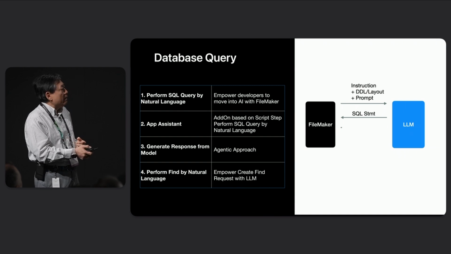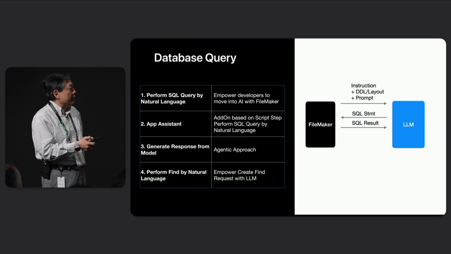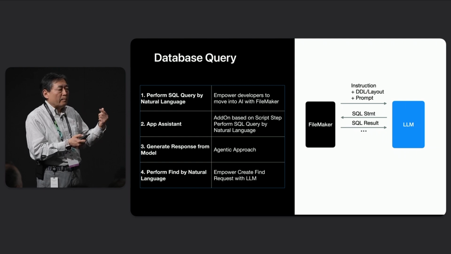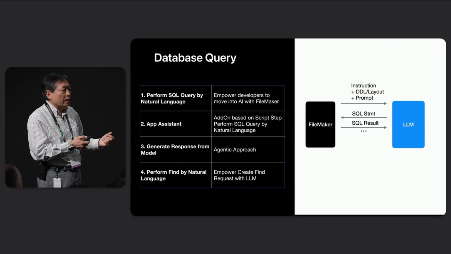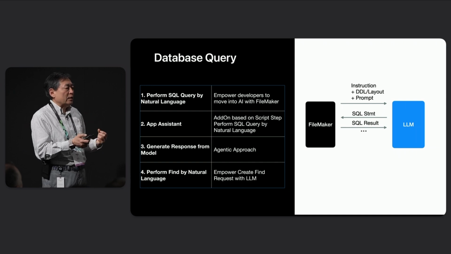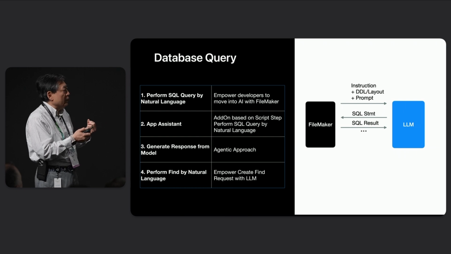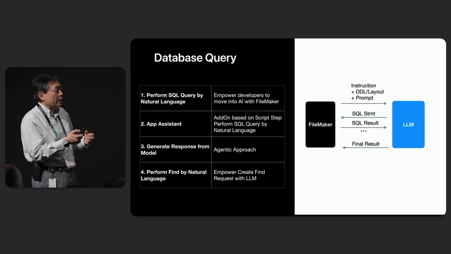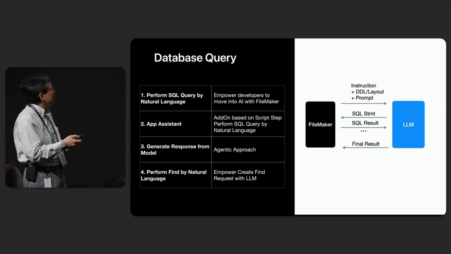Then the FileMaker database engine executes it and sends the result back to the LLM. This might happen multiple times, until the LLM is satisfied that everything the prompt needs is covered. Finally, the LLM sends the result back to FileMaker. That is the big picture for the database query.